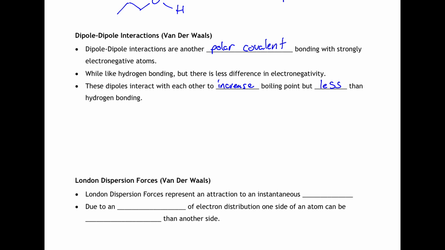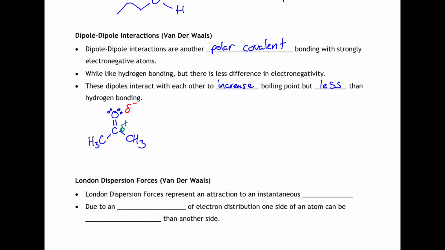So if I just draw a very simple one, like we can do H3C, and if we finish up the Lewis structure with a whole bunch of dots on that side, we know that O is going to steal, or at least pull on those a little stronger, and we're going to get a little bit of positive here on this C, right?